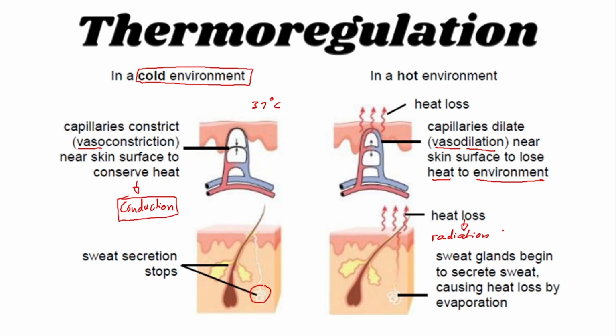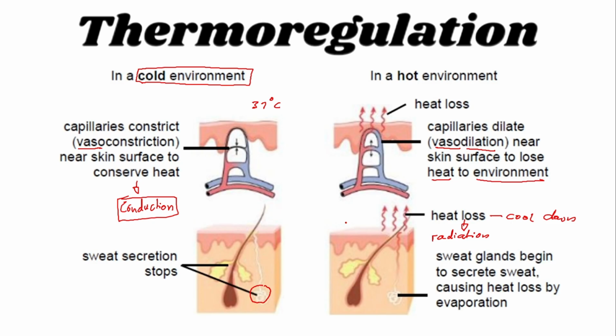Now that's very important, to cool down your body because it's too hot. Okay, so then that process involves radiation. Okay, because the water in the sweat gland is so hot, it will come into contact with the external air and try to cool it off. Okay, and then you would often want to go outside to find cool air so that this process actually happens. So sweat glands begin to secrete sweat, causing heat loss by evaporation.